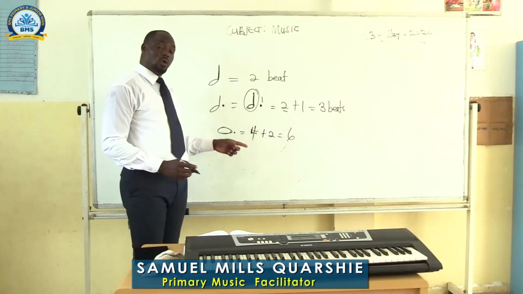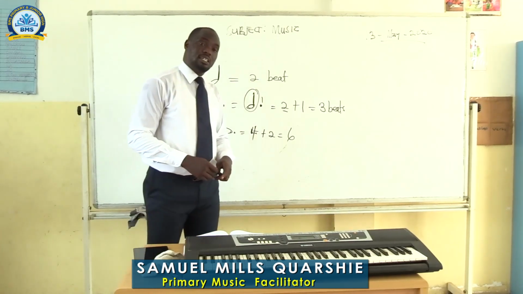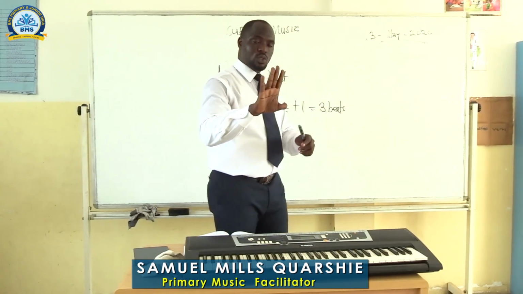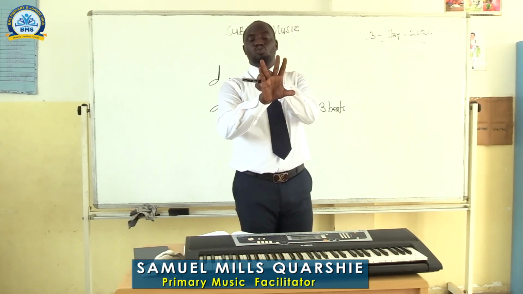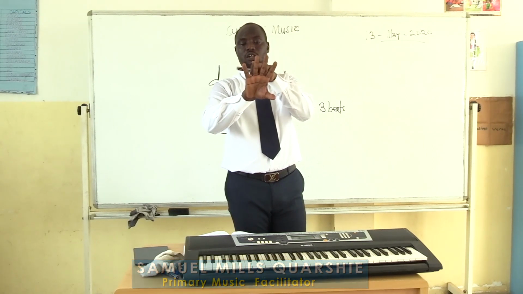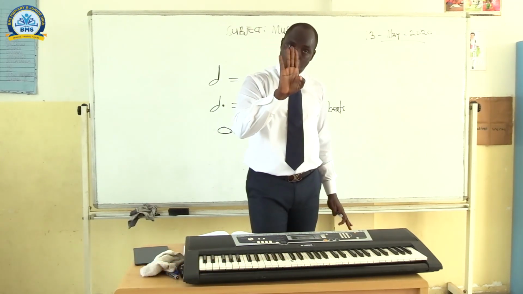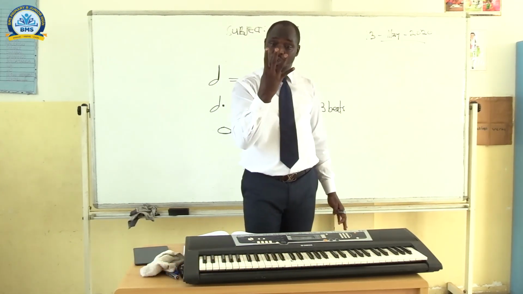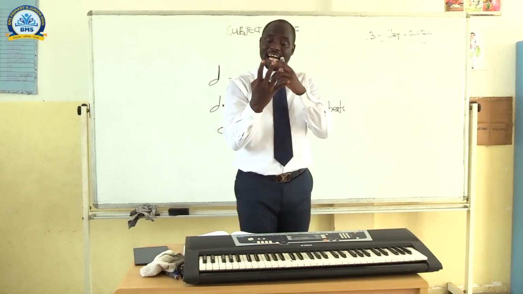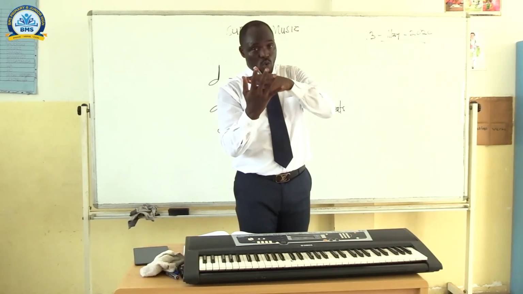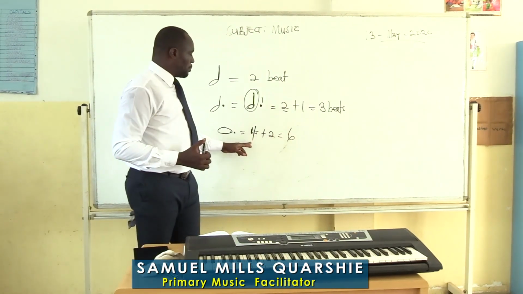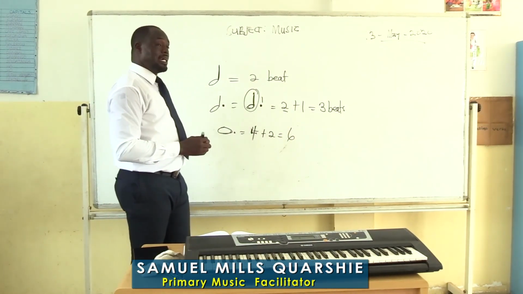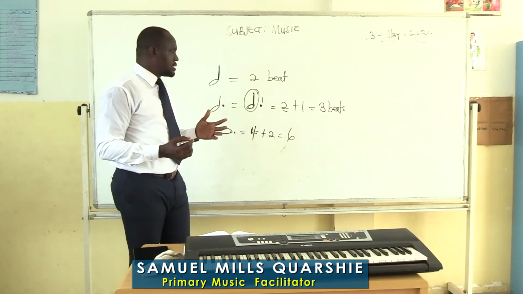We already know that the whole note is 4 beats, so half of the whole note will be 2. They say add half of the whole note again to the whole note, so it will be 2 plus 4. That is what a dotted note means.